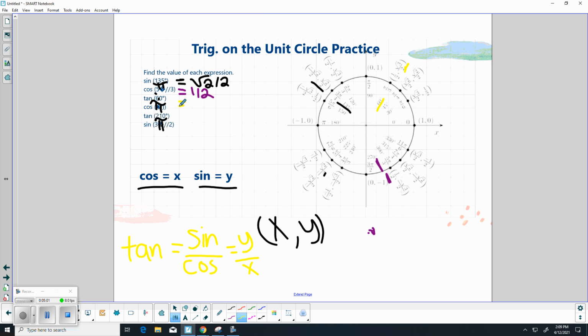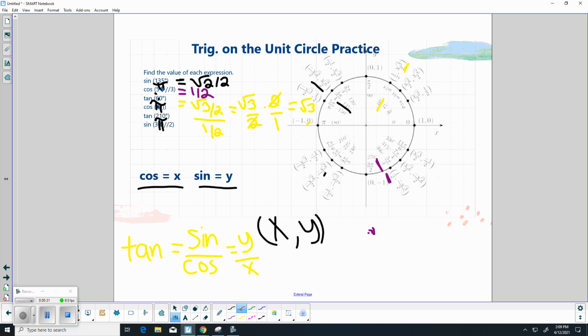That's equal to square root of 3 divided by 2, divided by 1/2. To divide this, we multiply by the reciprocal. So our 2's cancel out, and we're left with square root of 3. And that is our answer for what tan 60 is equal to.